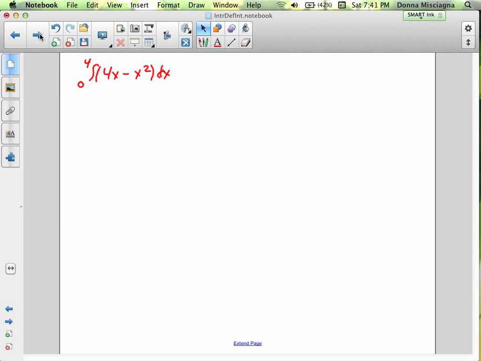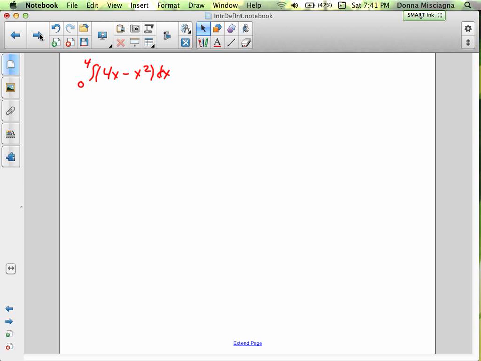And sometimes we can integrate by finding the antiderivative and evaluating, and sometimes we don't have a way to find the antiderivative. So you'll find that we won't be able to integrate every single function there possibly is, but you'll be able to integrate all the ones you'll run across in this class in some fashion.